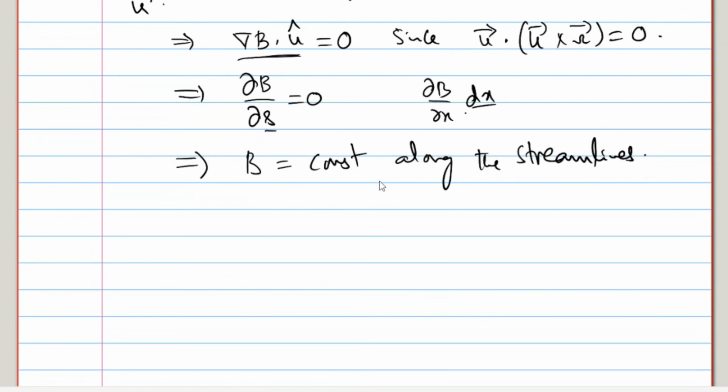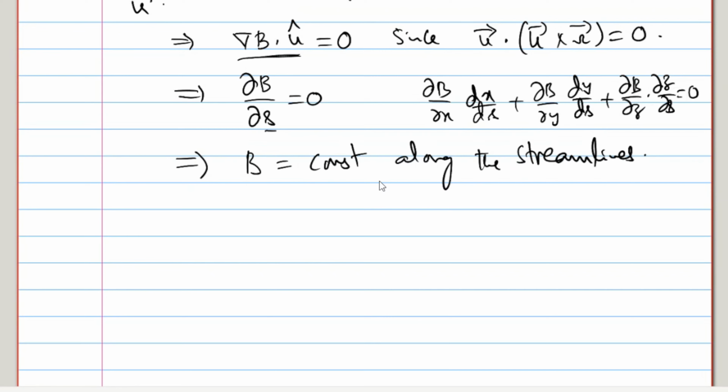or simply think of it like this: dou B by dou x times dx by ds, plus dou B by dou y into dy by ds, plus dou B by dou z into dz by ds equal to 0. That is what it means.